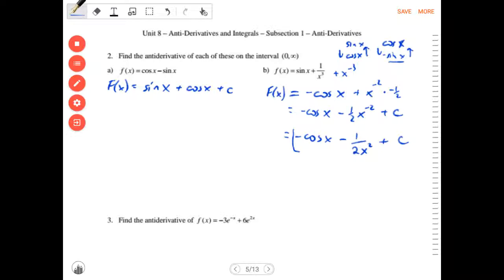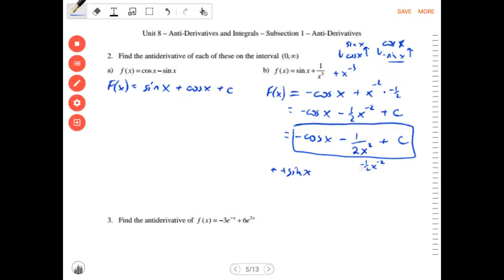Again, it is not necessary, but if you want to check your answer, you certainly can. If we take the derivative of this, the derivative of negative cos x is negative, negative sine, so that would be sine x. That's where the sine x comes from. And then this guy, negative 1/2 x to the negative 2, so the 2 comes down.